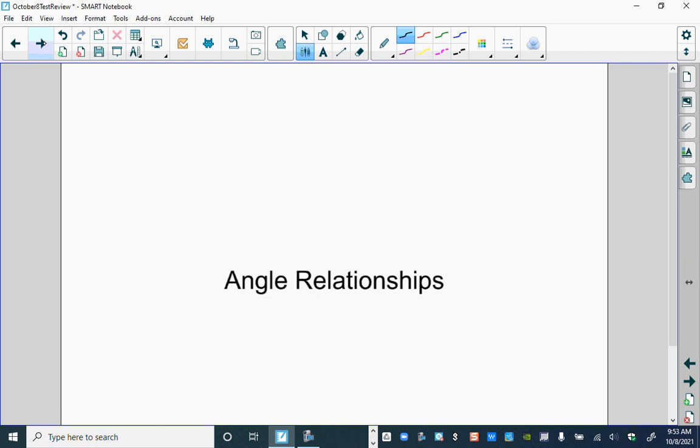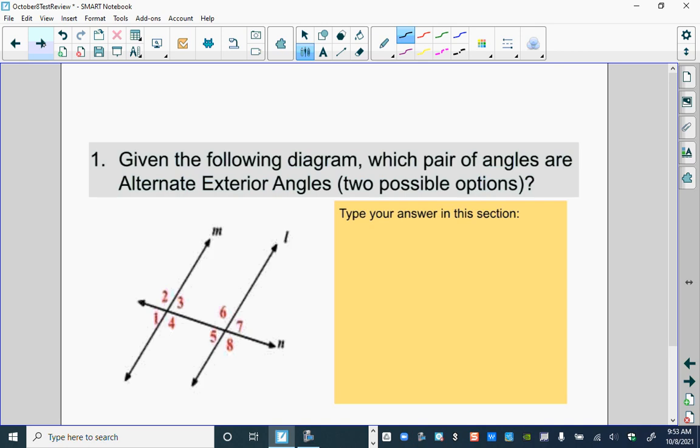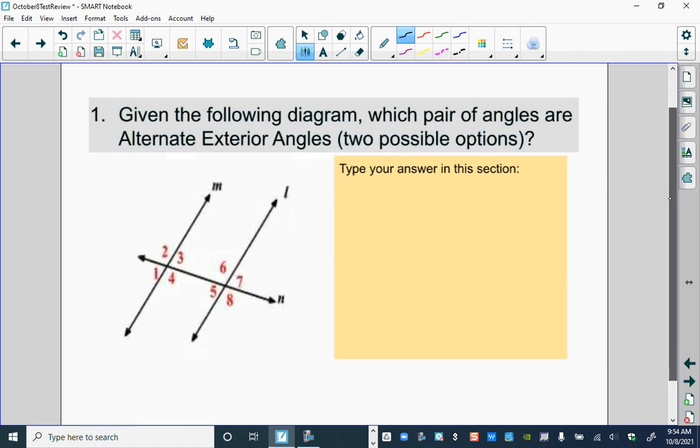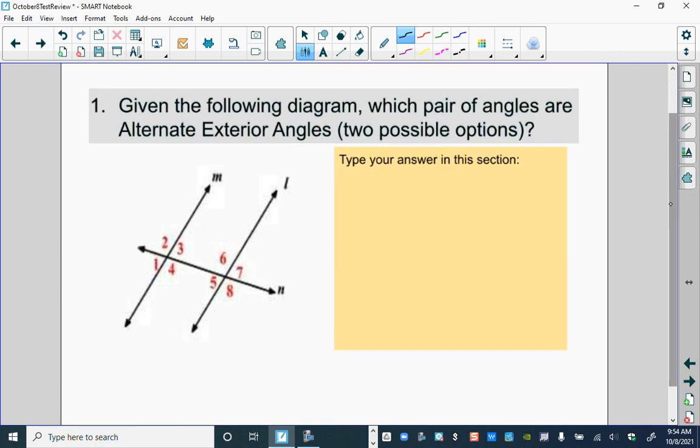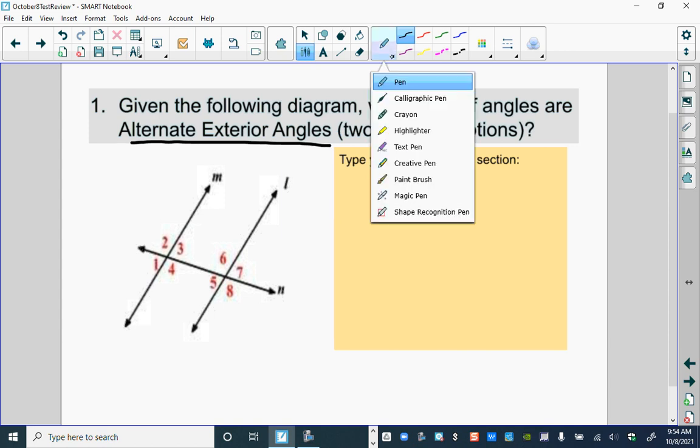First up, we're going to talk about the angle relationships. So what we have going on is the following. We're just identifying what type of angles we have. So in this case, this first problem was identify the alternate exterior angles. So look at our diagram, the alternate exteriors. Who could tell us? So alternate exterior.